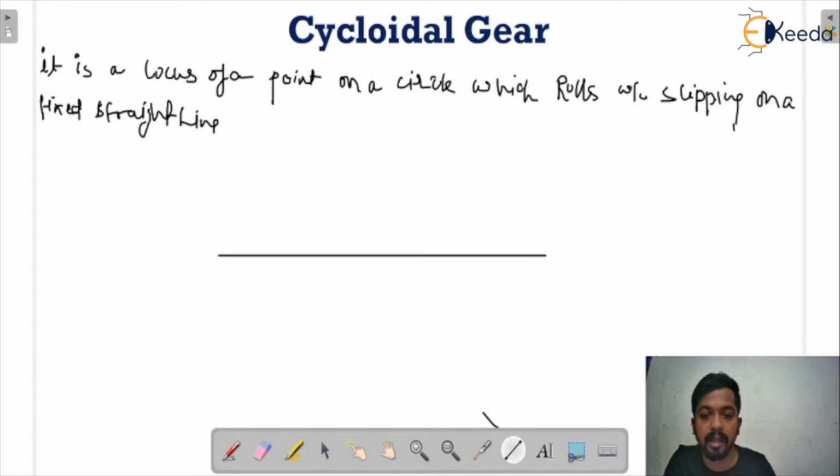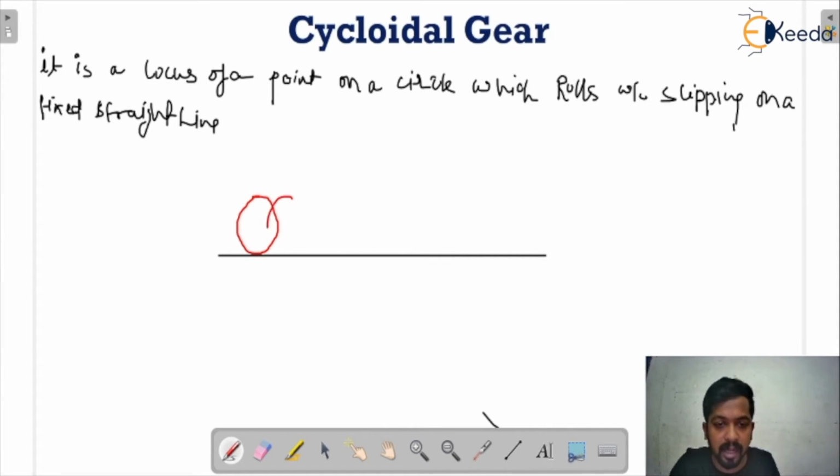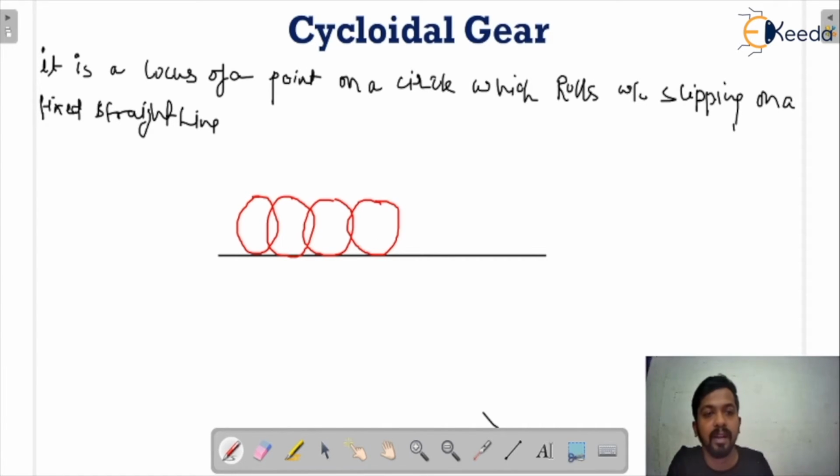If I draw the diagram for the fixed straight line and the circle, it would be like that. Here it is a circle. If this circle is rolling on a fixed straight line without slipping, the locus of a point on that circle will be the cycloidal profile.